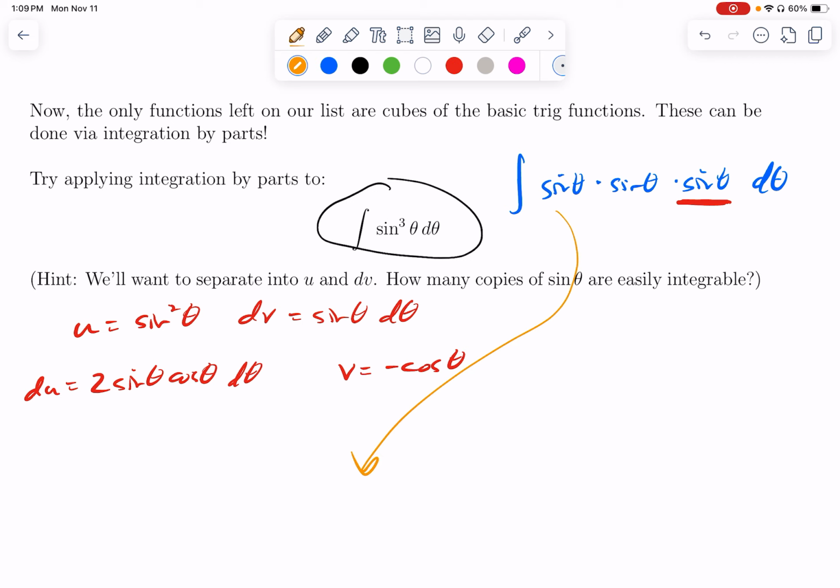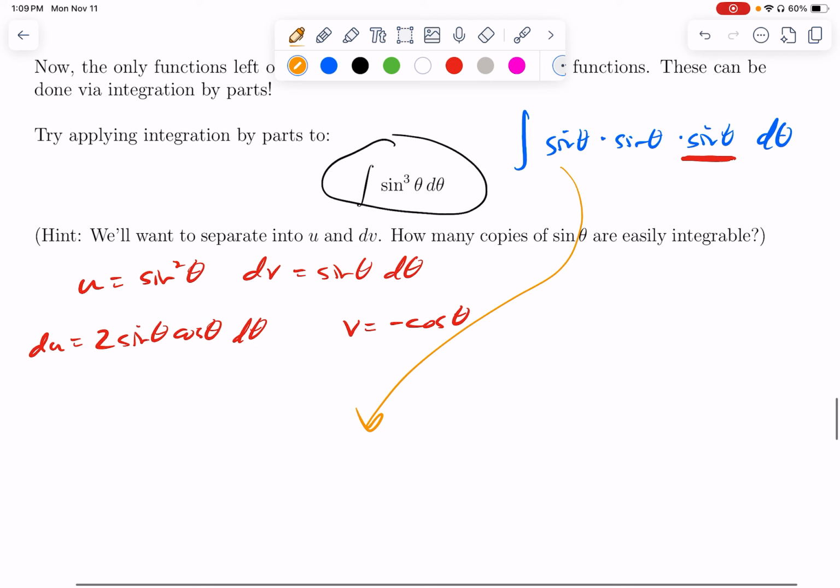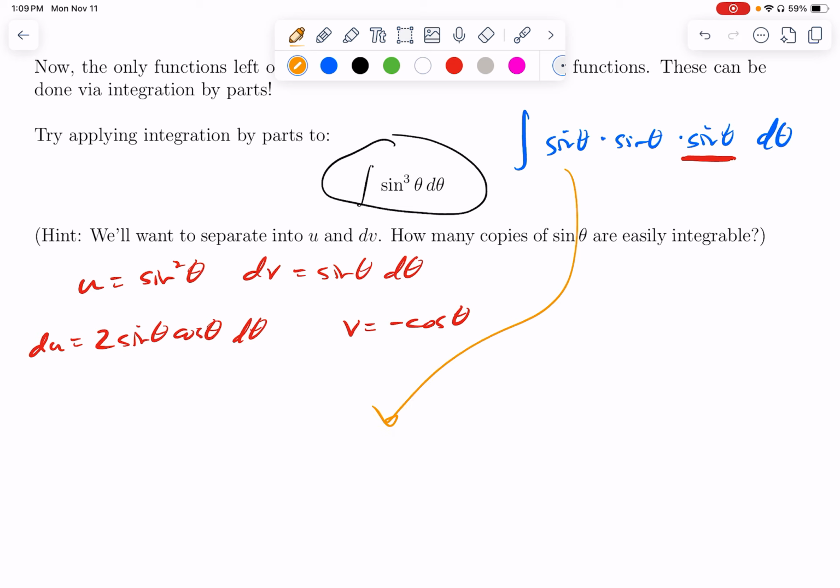So when we make our substitutions, we have u times v minus the integral of v du.